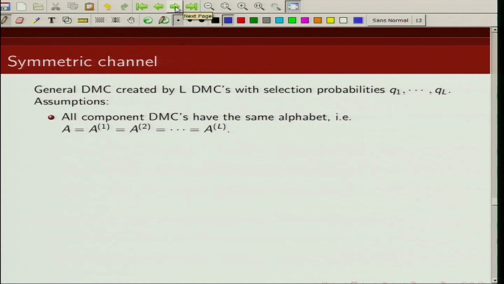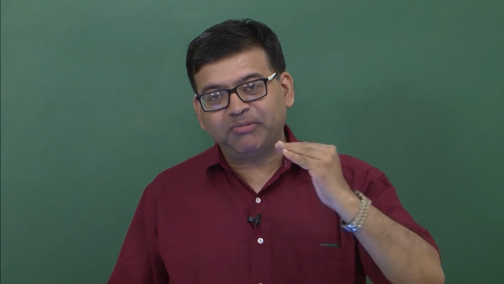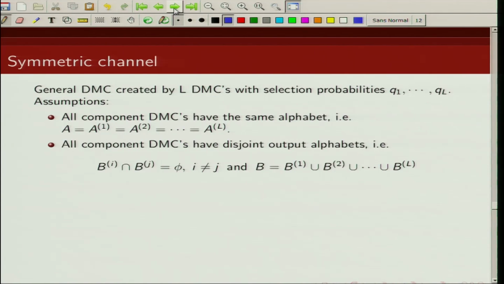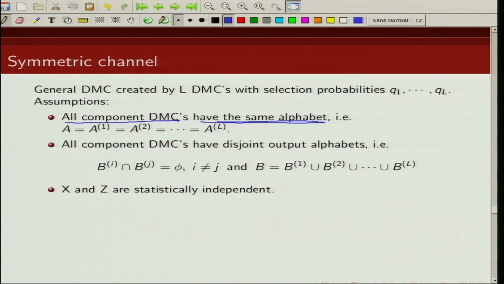So we are considering a general discrete memoryless channel which is created by these L discrete memoryless channels with selection probabilities given by Q1, Q2, Q3, up to QL. And we make the following assumptions. First, all of these L discrete memoryless channels take the same input alphabet.